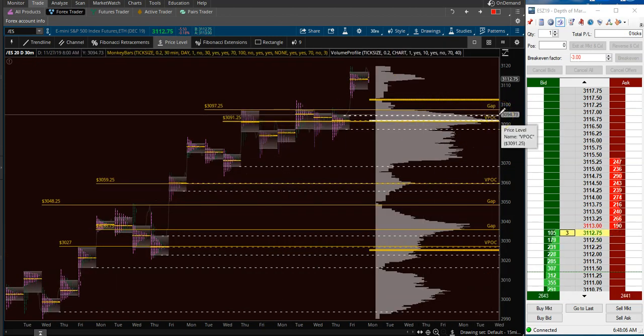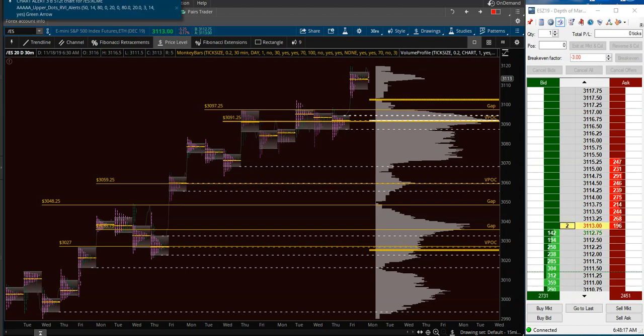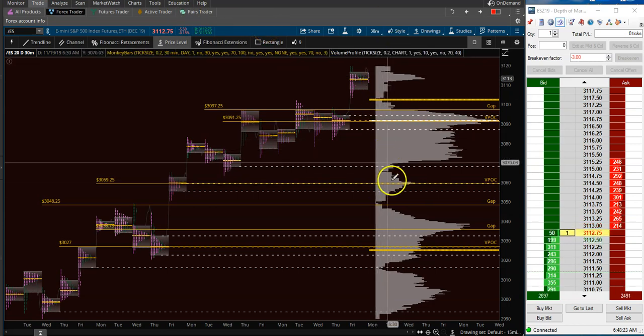That's telling me this market is being built on very weak structure, right? Even though we're going higher, we will see that one day, and I'm not calling tops or bottoms, I'm just saying we will see those days where price comes down and it'll start to take all these out.